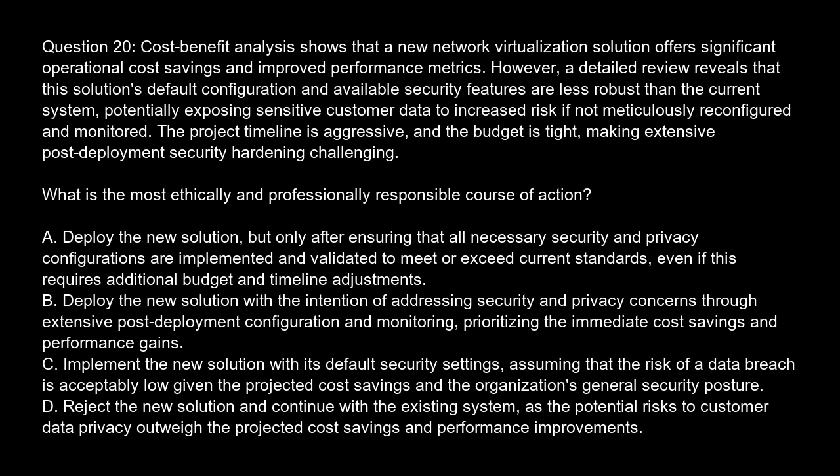Option C. Implement the new solution with its default security settings, assuming that the risk of a data breach is acceptably low given the projected cost savings and the organization's general security posture. Option D. Reject the new solution and continue with the existing system, as the potential risks to customer data privacy outweigh the projected cost savings and performance improvements.